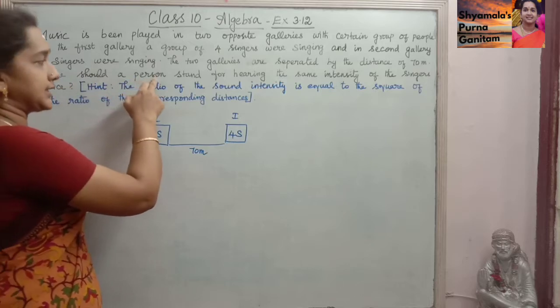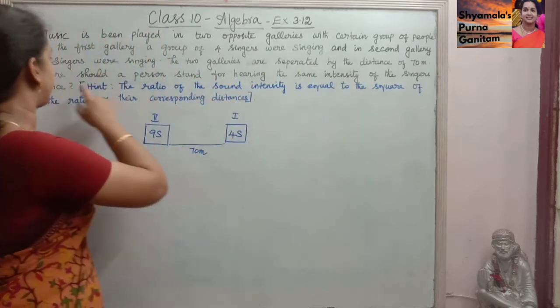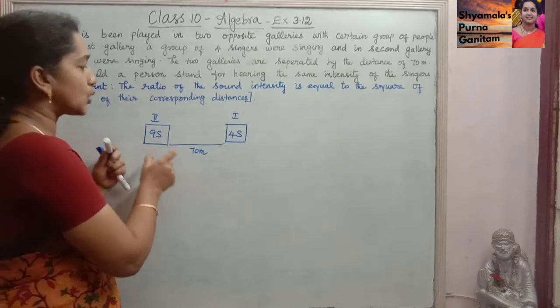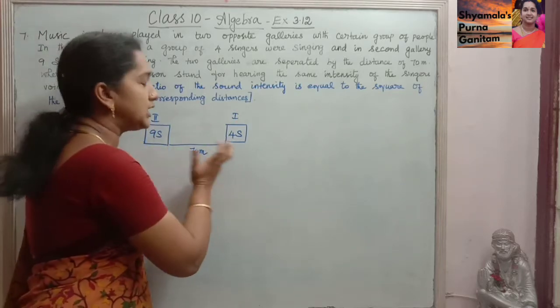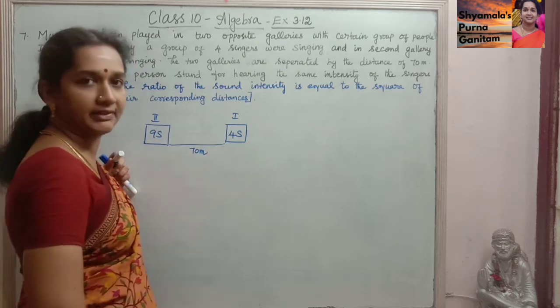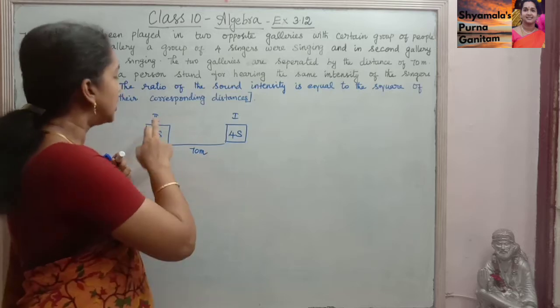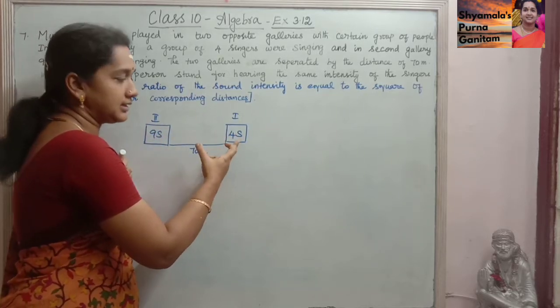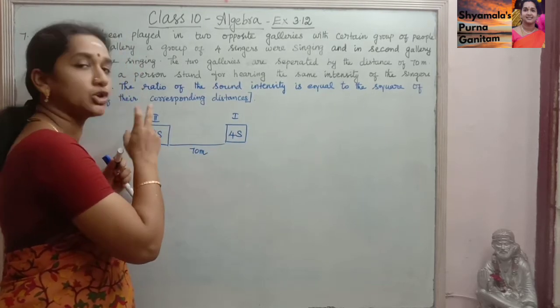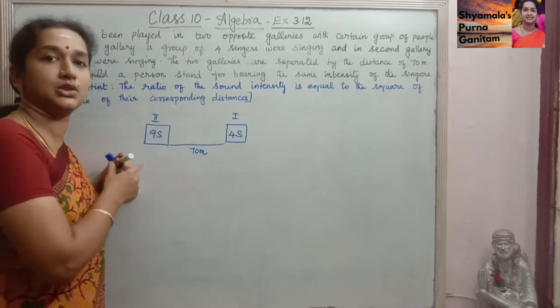Where should a person stand for hearing the same intensity of the singers' voices? If the distance between the first gallery and the second gallery is 70 meters, and a person wants to hear both singers with the same intensity, where does he have to stand?